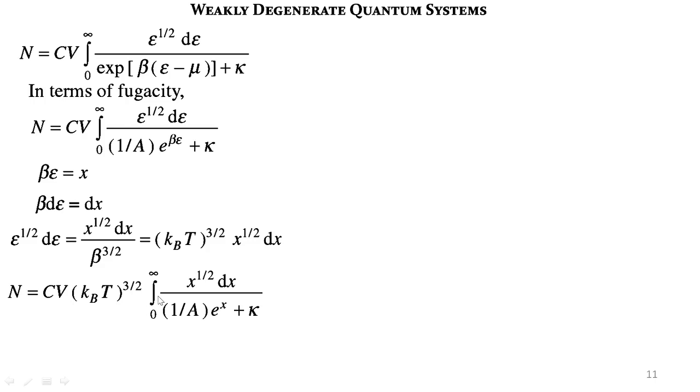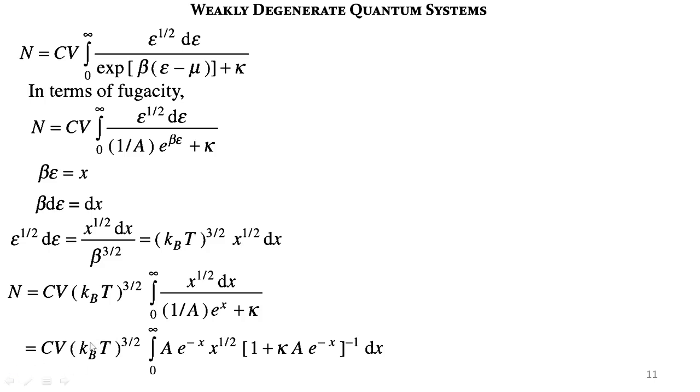Now this is equal to x raised to the power half dx, again coming from the numerator, divided by 1 over A e raised to the power x plus kappa. So beta E has been replaced with x here. Now we do a slight rearrangement of things.